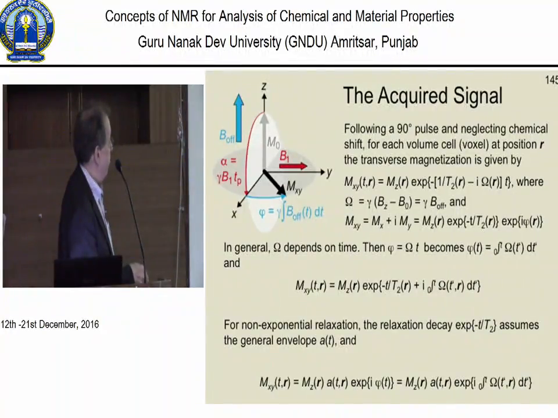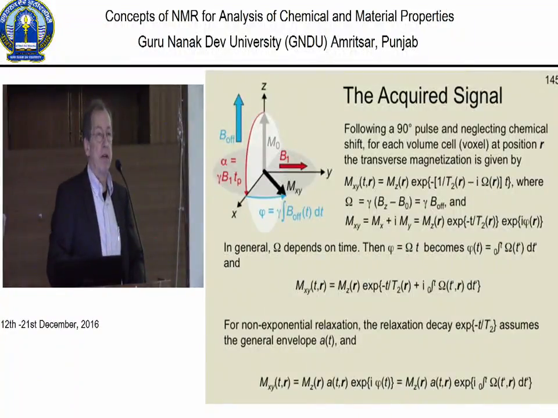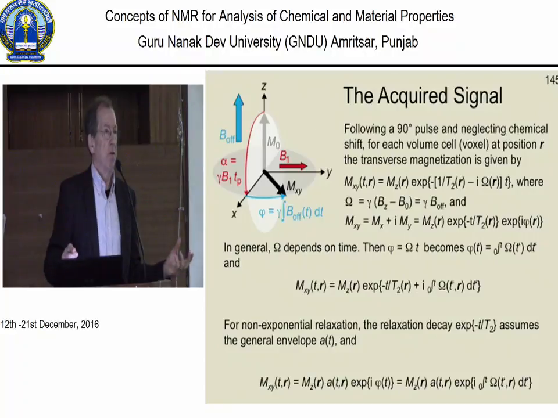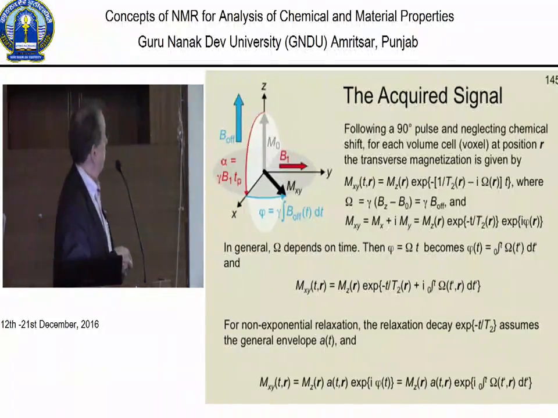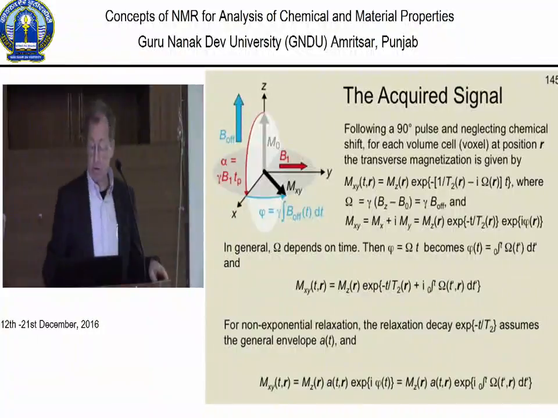We take the attenuation term, we write it as A of t, and here we just have an exponential with the integral of the precession frequency over time. So you may say, well, what did we gain from this? We gain from this that we now can look at that integral of the precession frequency. We can look at the phase and describe that in terms of this integral.